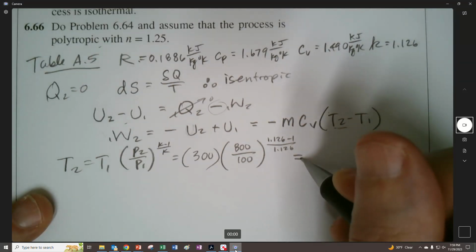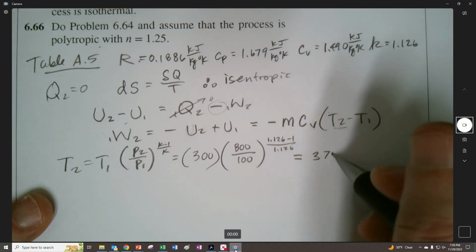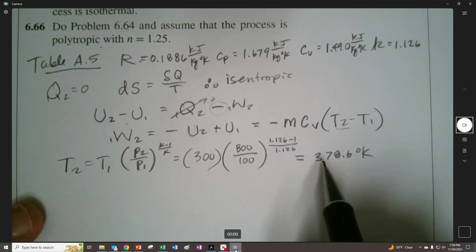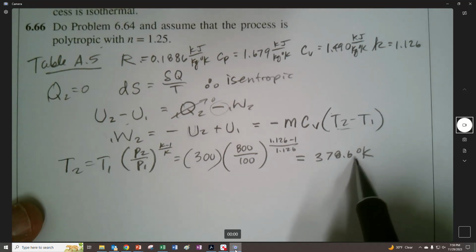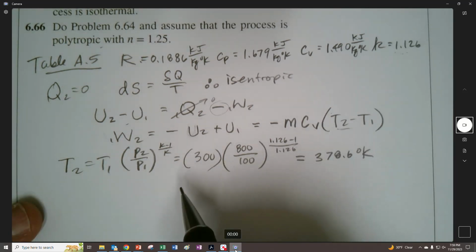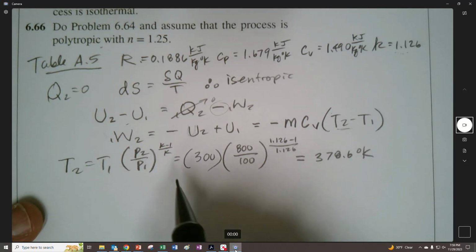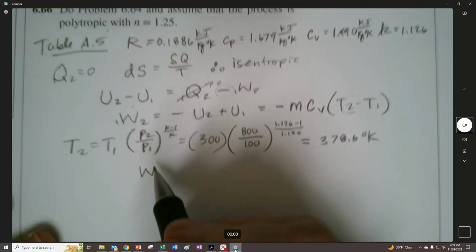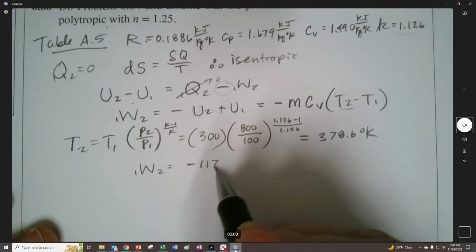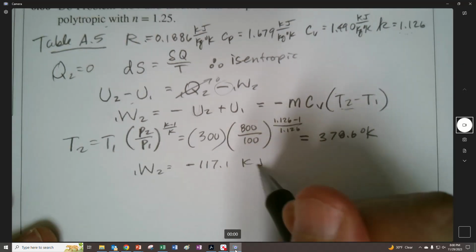If we do that, we find 378.6. Not a lot of difference: it went from 300 to 378.6, but a lot of it has to do with how small that exponent is. And if we do that, we get a work between 1 and 2 of negative 117.1 kilojoules.